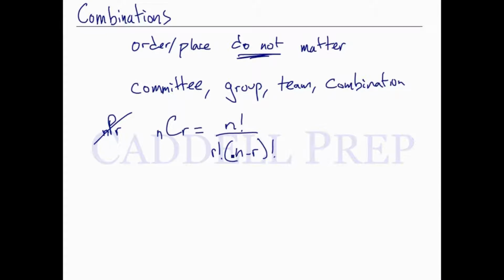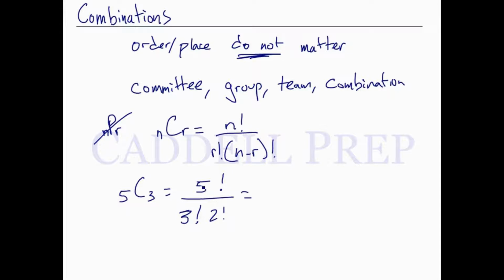So this seems pretty complicated, but you'll see it's not really that bad. If we had 5C3, it's going to be 5 factorial on top, then 3 factorial, and then just the difference of these two, which is 2 factorial. So everything gets multiplied together.